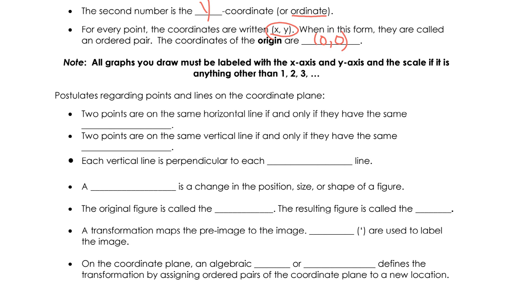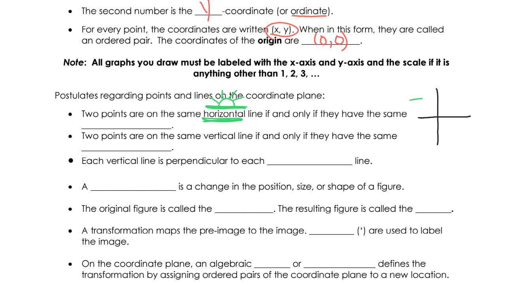Okay. These are postulates regarding points and lines on the coordinate plane, and it says that 2 points are on the same horizontal line if and only if they have the same what. So I always like to go ahead and look at this because that's hard to come up with. But on the same horizontal line, horizontal, like the horizon that the sun comes up over, okay, notice this is my sun. Okay, this is the horizon. Horizon is horizontal. Okay, it goes left to right.